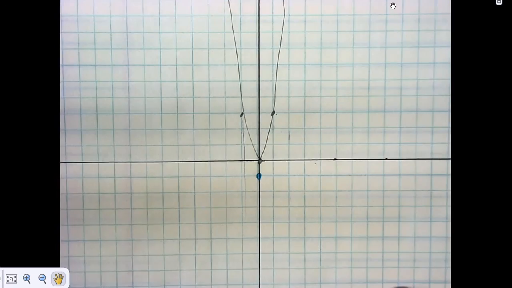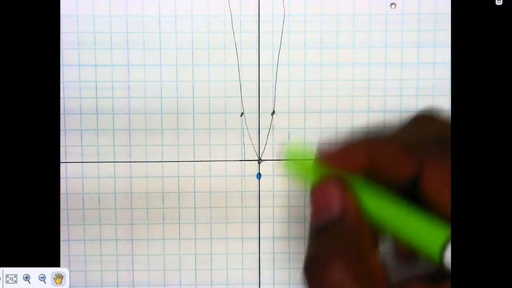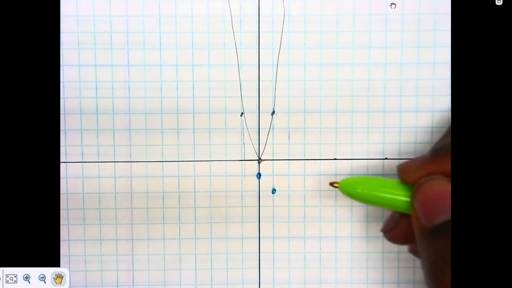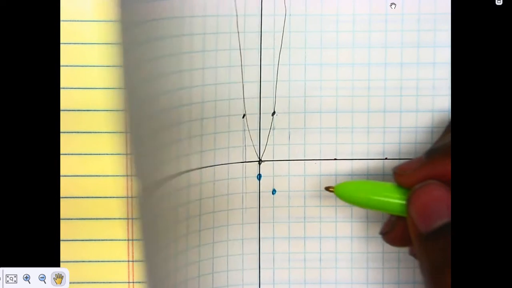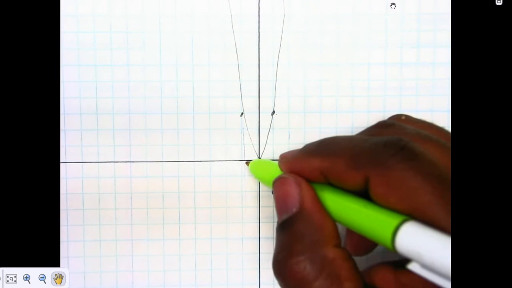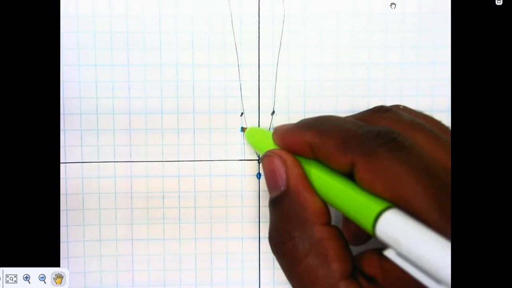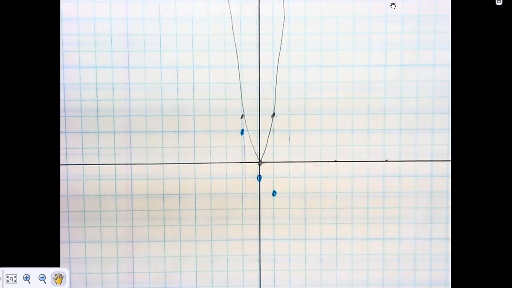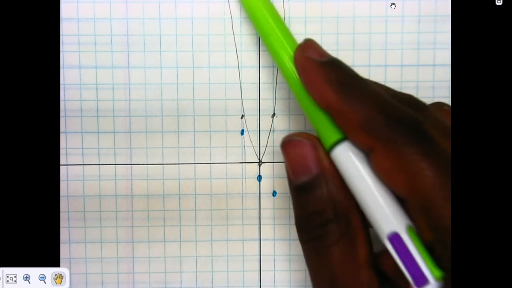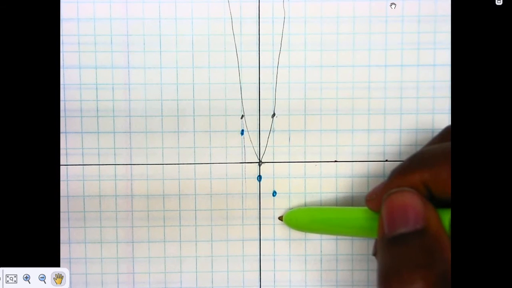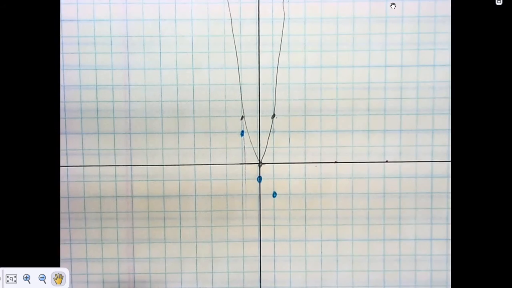And (1, -2), over 1, down 2. And (-1, 2). Okay. So basically, you can kind of see we only got half of it. We only got this side, the left-hand side of a parabola. But that's okay. We kind of got an idea of what it looks like. We'll come back to that.